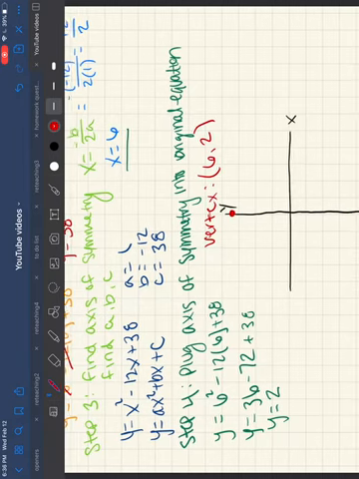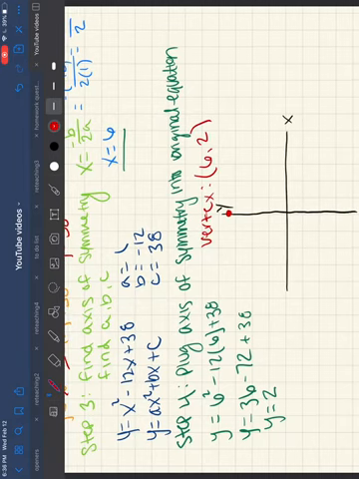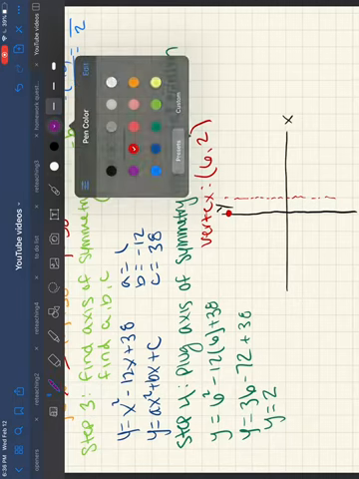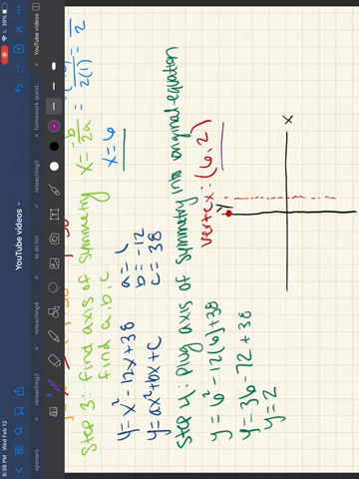I see I have an axis of symmetry at 6. So I will put that somewhere here. Okay, that is an equation. So that is going to pass through my x-axis at 6. Then I'm going to plot my vertex, which is 6, 2, positive 6, positive 2.